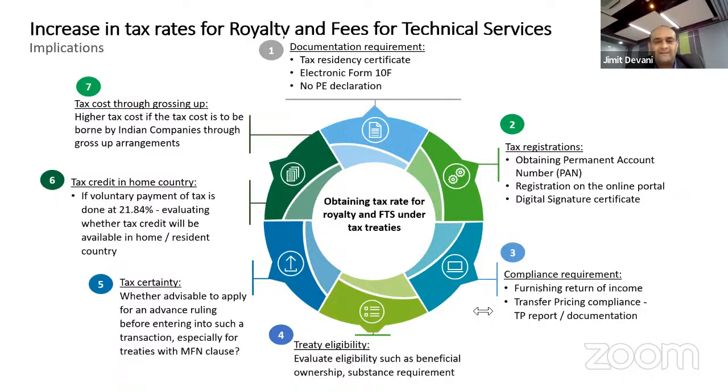What is the MFN clause? MFN is called the most favored nation clause. If you do a Control F, you will not find the words "most favored nation" in the protocol. Basically, there is a particular clause that if after the signing of this treaty, the same country signs a treaty with another country which gives a beneficial rate, then it should be applicable to me as well.